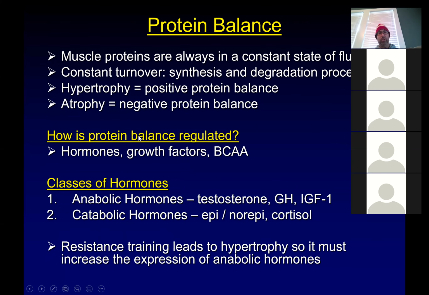And so in a very general sense, protein balance is regulated by a lot of complex factors. Some of them are going to be hormones, things like testosterone, growth hormone, insulin-like growth factor 1. We very typically call these anabolic hormones. Things that drive protein synthesis are anabolic.